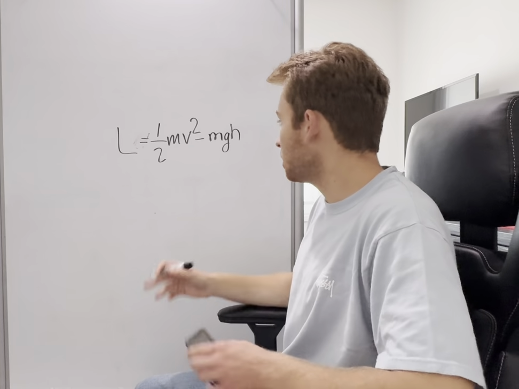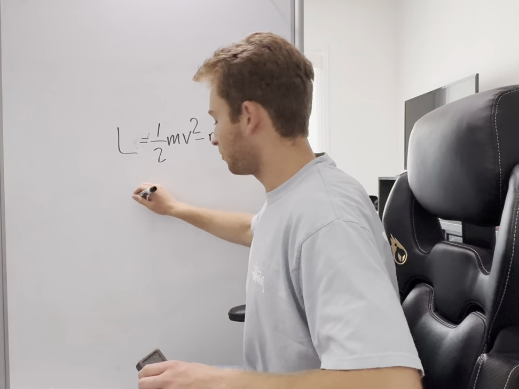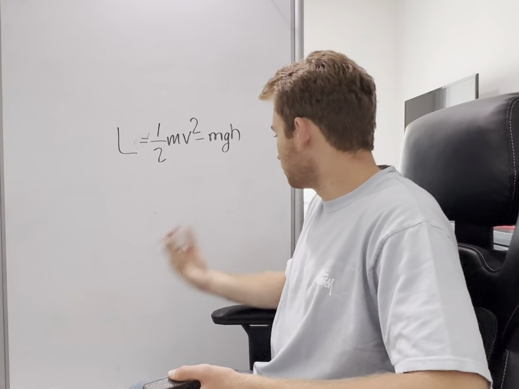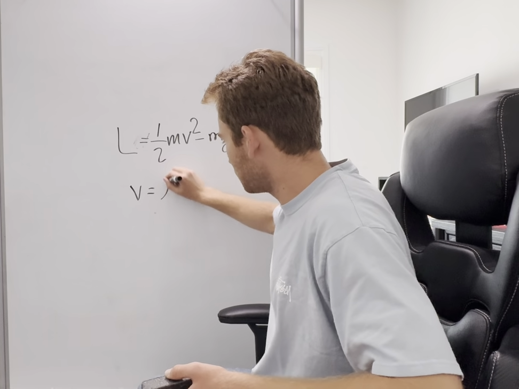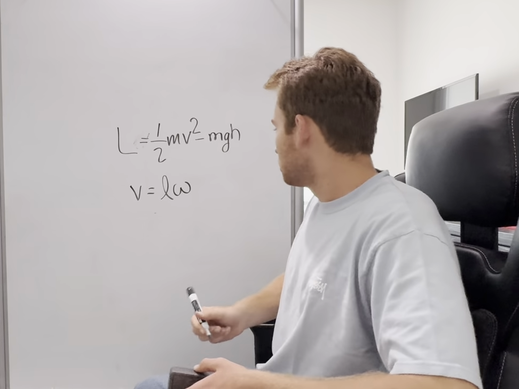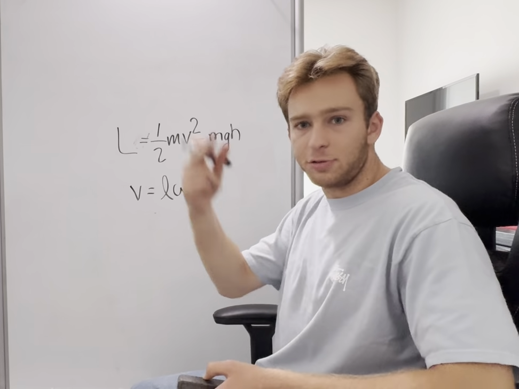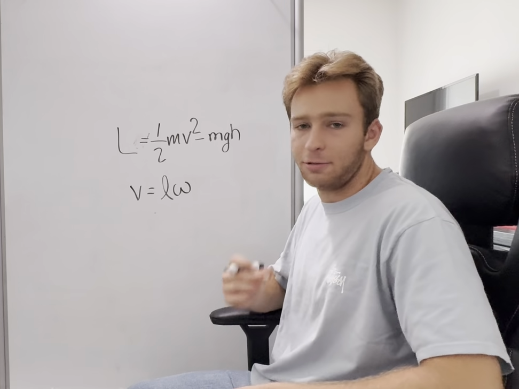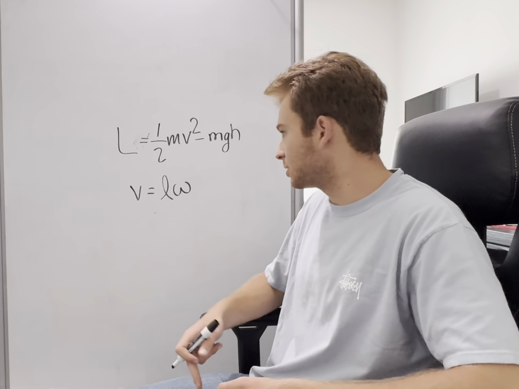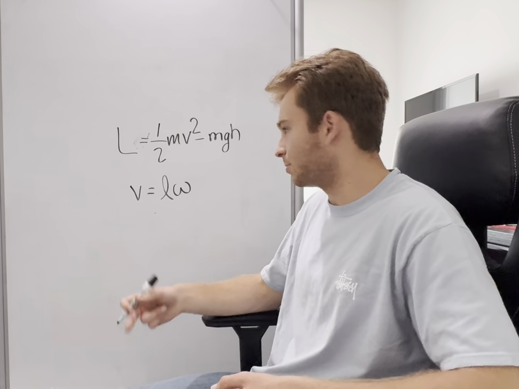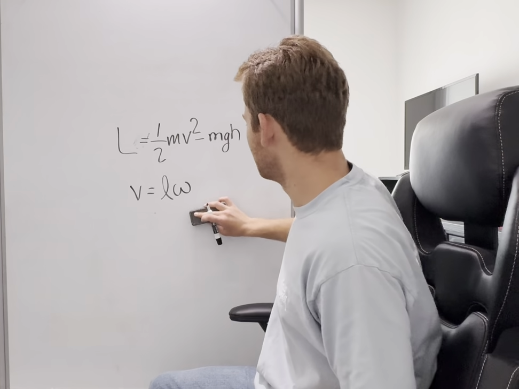Now, I'm going to change this up a little bit. From rotational mechanics, I'm going to use v equals L omega. Omega is the angular frequency, basically the rate at which the angle changes with respect to time as something moves in a circular pattern.